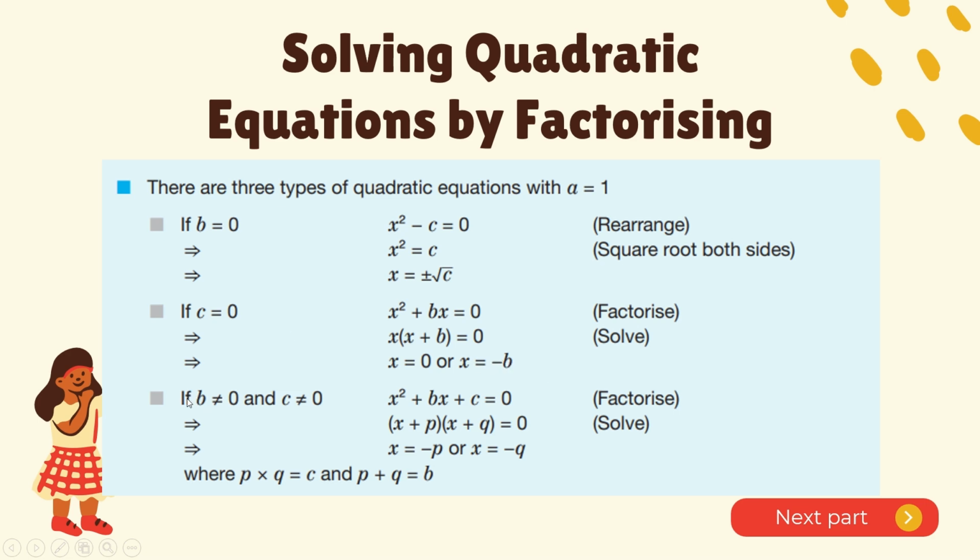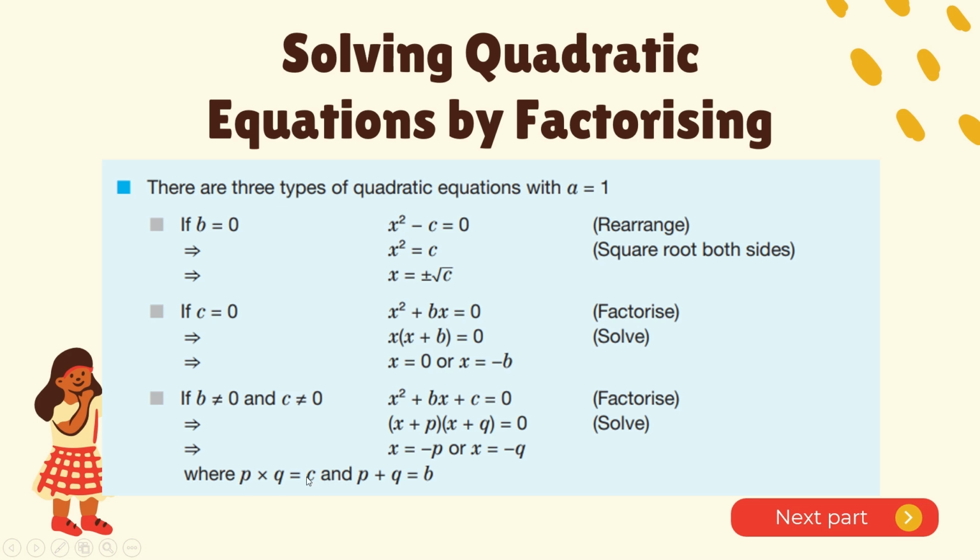The last type is if b doesn't equal 0 and c doesn't equal 0. So we've got this type of quadratic equation, x squared plus bx plus c equals 0. To solve this one, we have to find two numbers that when we multiply them, we get c, and when we add them, we get b.